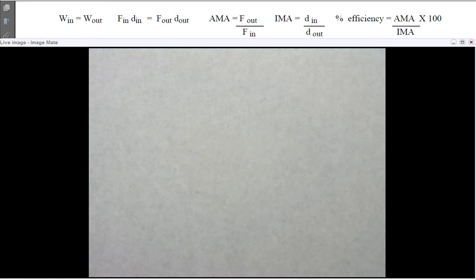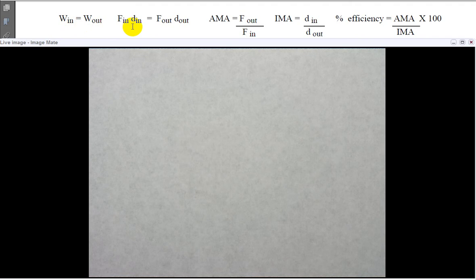In this video, I'm going to work a few problems for the lever equation. If you look at the top of the screen, I have the equations. Work in equals work out, which we covered in the PowerPoint, which can also be considered work effort equals work resistance.